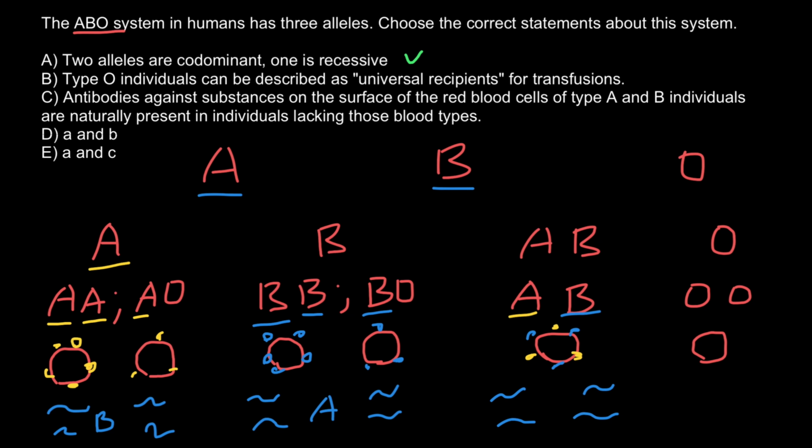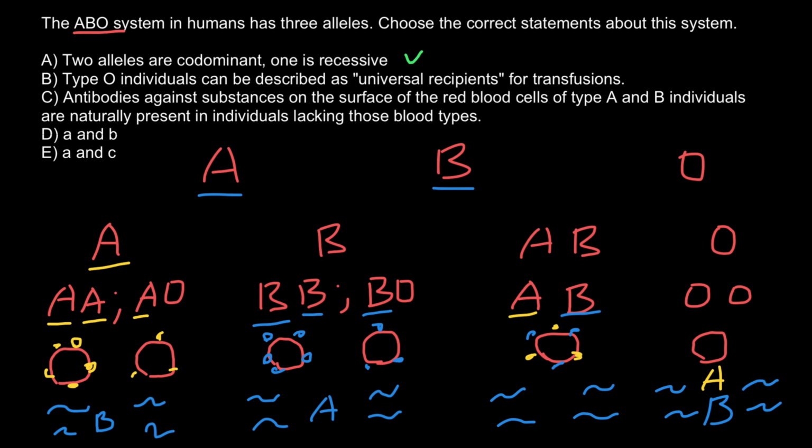So no antibodies in this blood group for the antigens A and B. In the blood group O, on the surface of the red blood cells, we are not going to find antigens A and B, but in the blood serum, take a look what we are going to find. We are going to find both antibodies A and B.